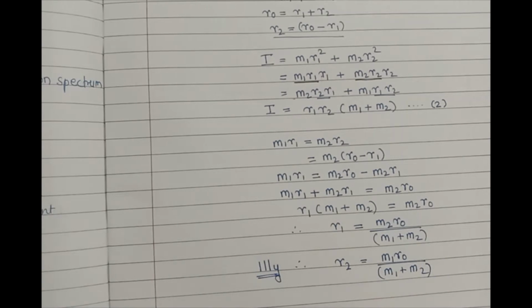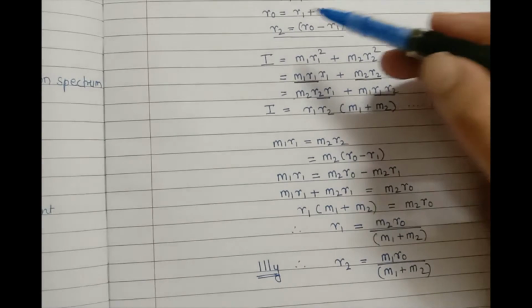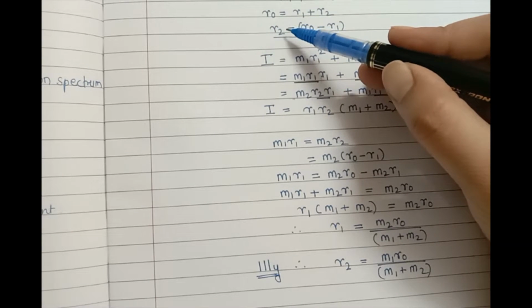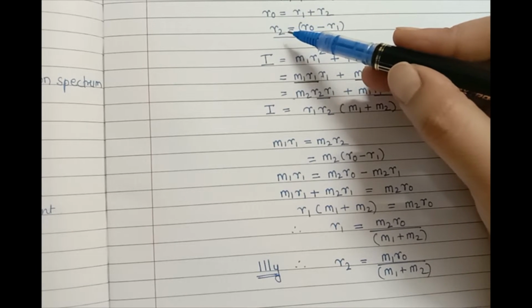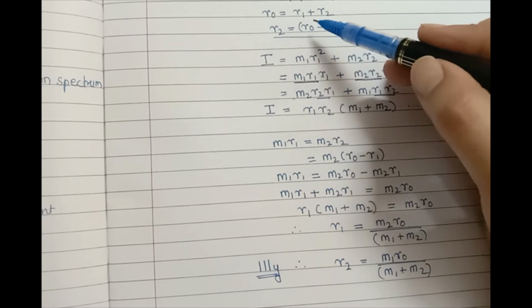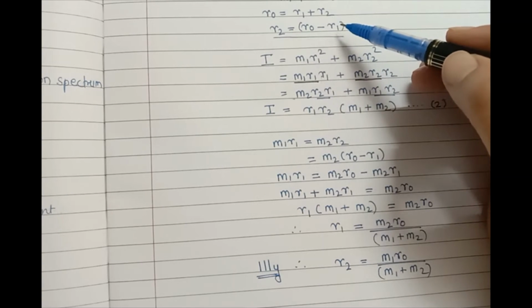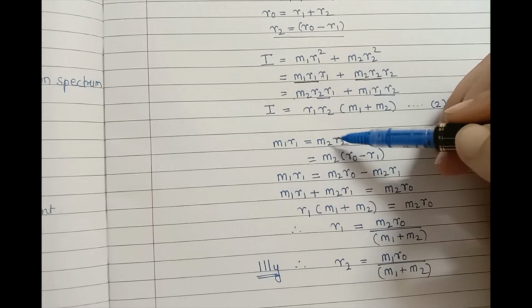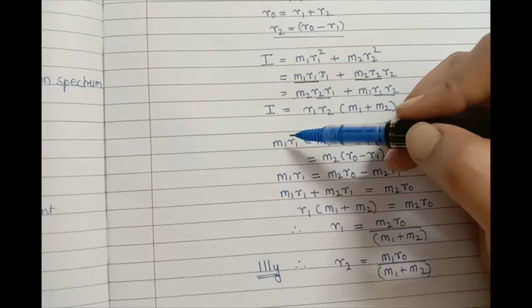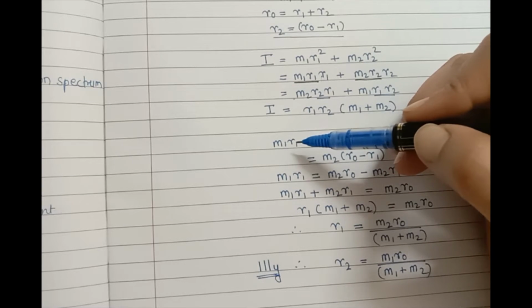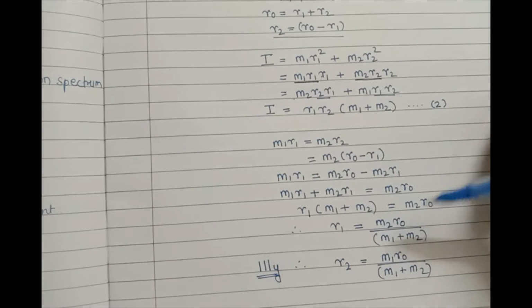How will you do it? As we have expressed this in terms of R2, you have to express this in terms of R1. So R1 will be equal to R0 minus R2. Now substituting in M2 R2 is equal to M1 into R0 minus R2, and doing similar steps you will get this.